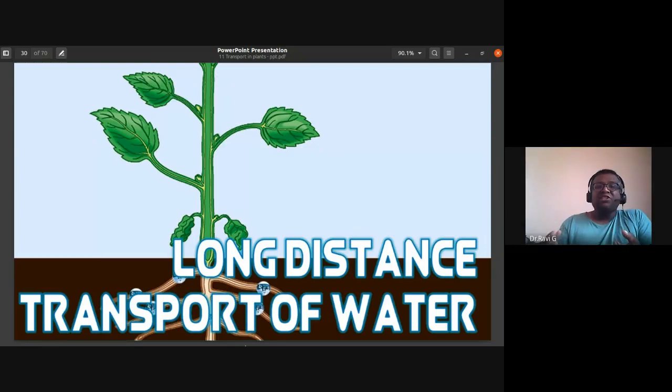The contraction and relaxation of these cortical cells is responsible for the uptake of water, as per Sir J.C. Bose. The negative aspect is that when the living cells of the plants are killed, even then there is an ascent of sap taking place. So the pulsatory theory was ruled out.